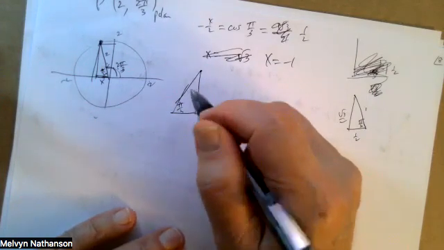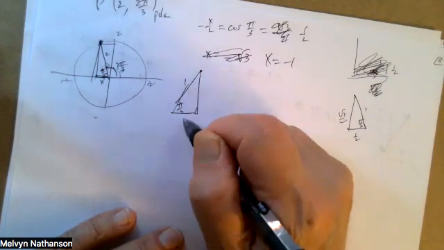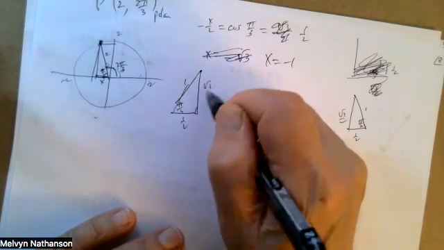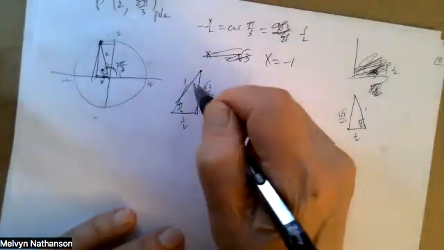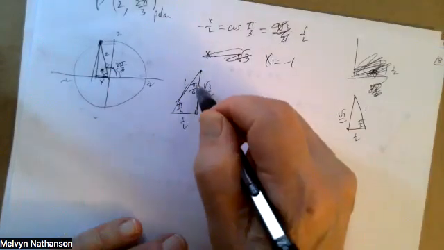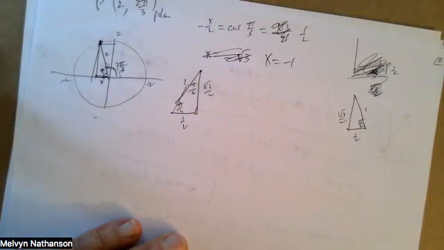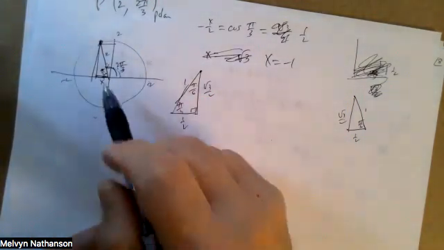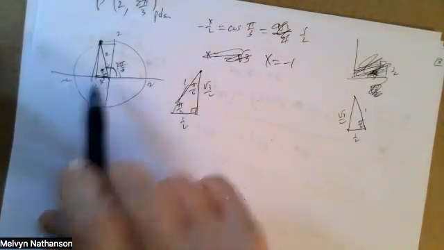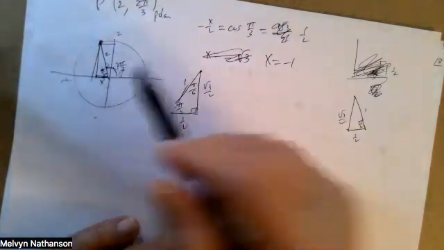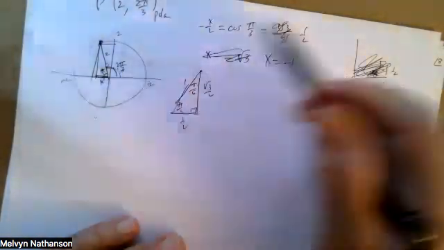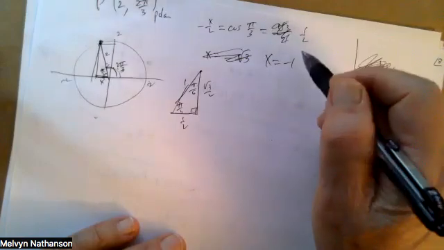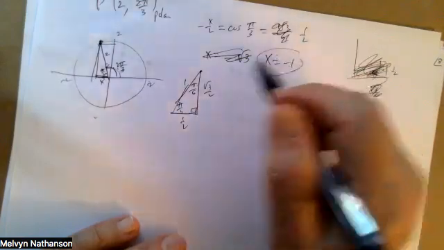The ratio of the sides, this is 1, this is a half, this is root 3 over 2. This is your pi over 6, pi over 3, or 30, 60, 90 right triangle. So minus x over 2 is the cosine of pi over 3 is a half, so x is minus 1.